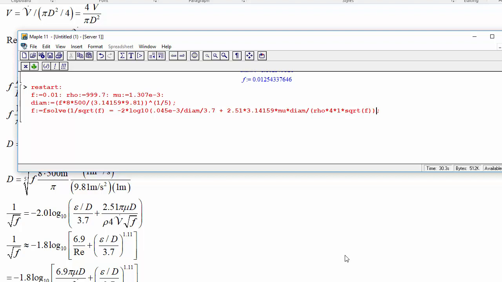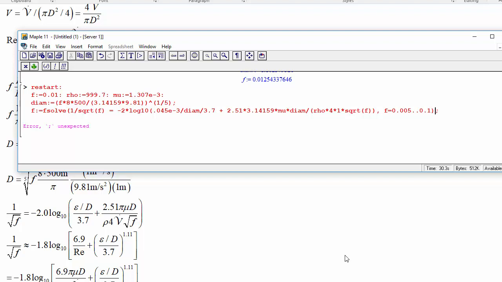Close out that logarithm, and then we can give fsolve a range. 0.005 to 0.1.